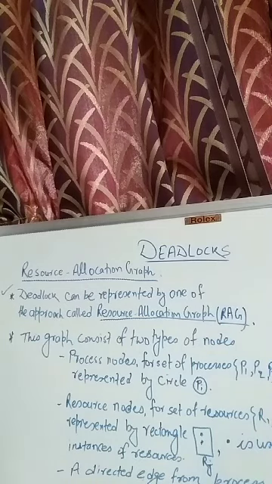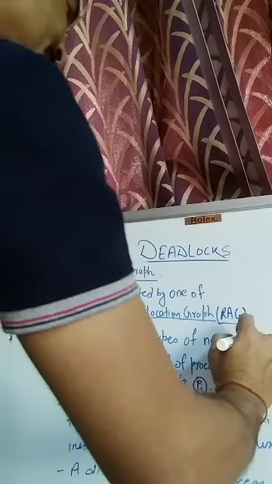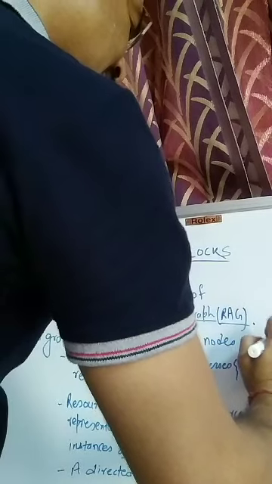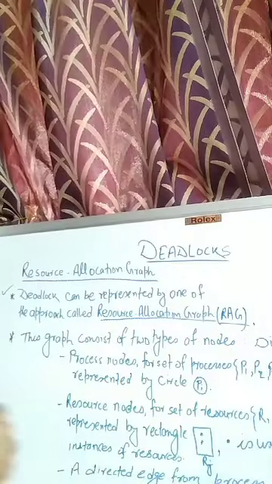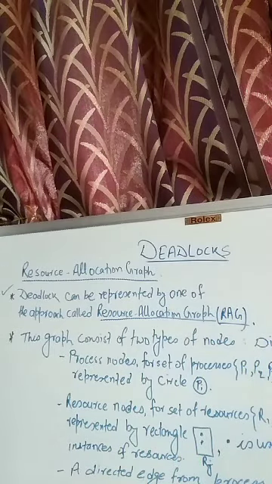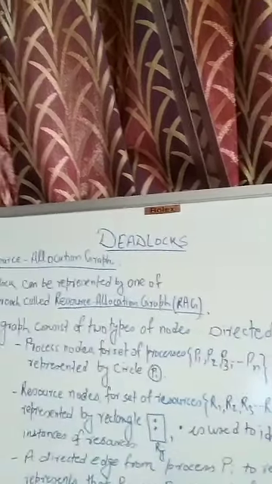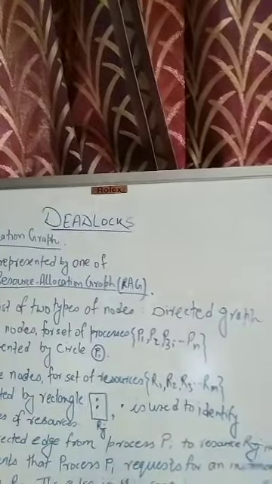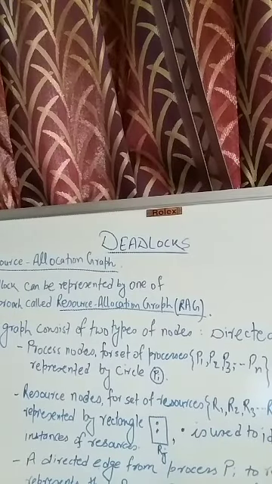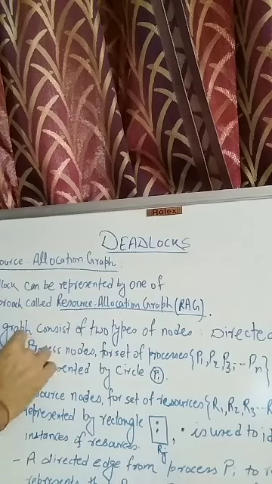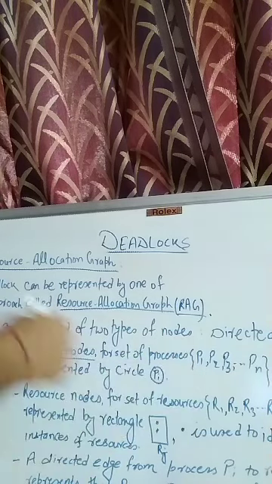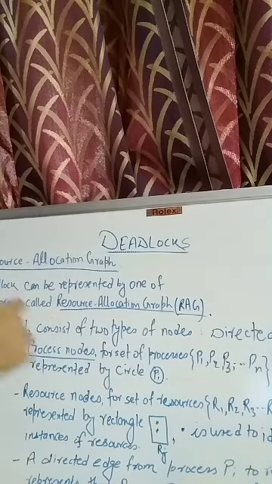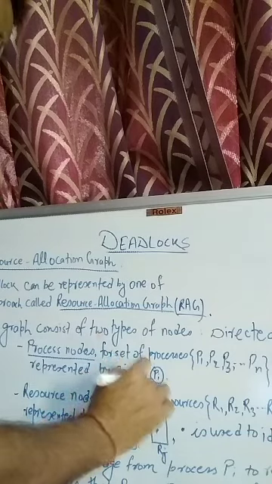This is a directed graph in nature that consists of process nodes for a set of active processes P1, P2, P3 up to Pn, and it is represented by a circle.